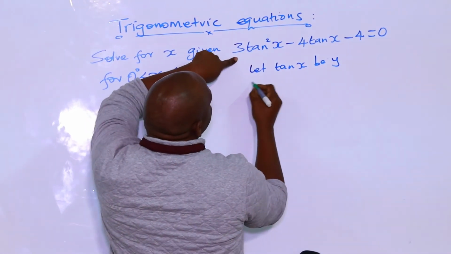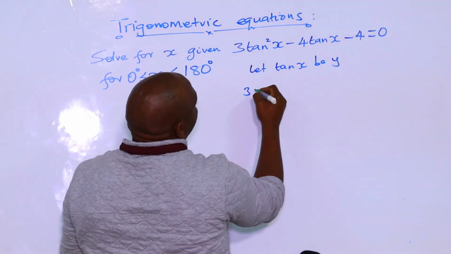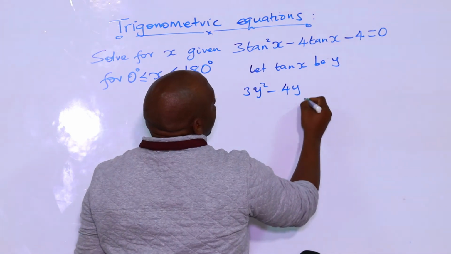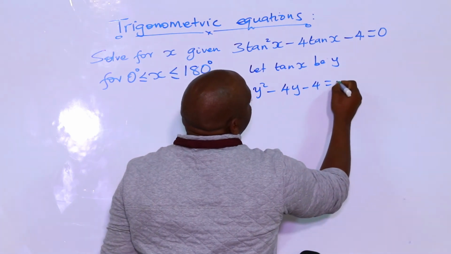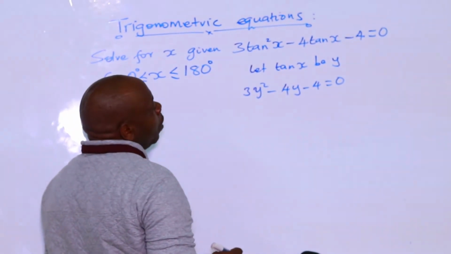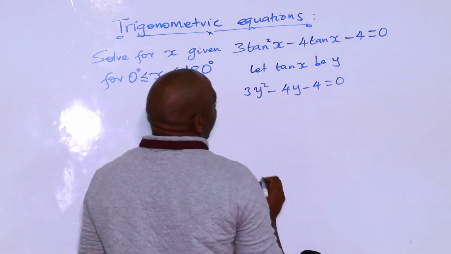Therefore, you have 3y squared minus 4y minus 4 equals 0. You form a quadratic equation. So, to solve for y, we use the factorization method.